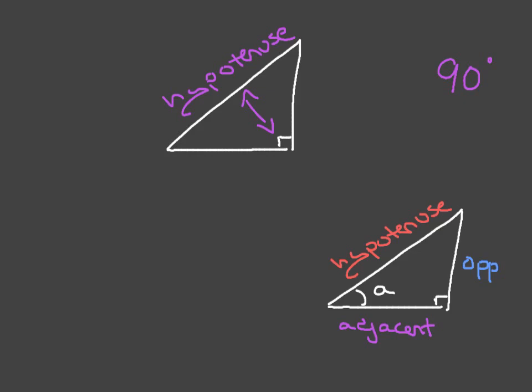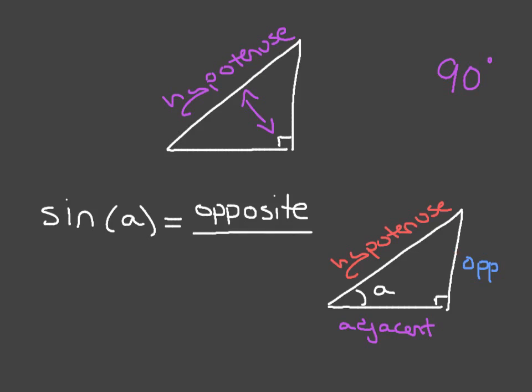What I mean by this is, again, relative to the angle A, we define, let's get started, the sine of A, which we write sin of A, and that's equal to the opposite side length, which we have here in blue, divided by the hypotenuse, which we have here in red.